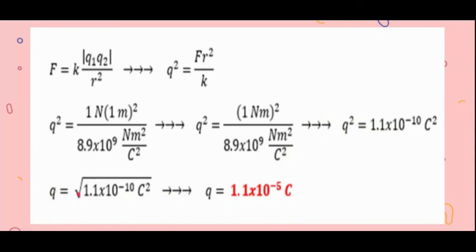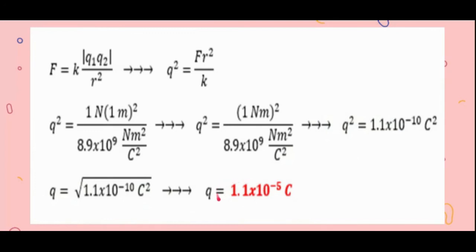Right? That will give us Q, and the square root of 1.1 times 10 to the negative 10 will give us 1.1 times 10 to the negative 5. And the square root of C squared is C. So the value of our individual charge is 1.1 times 10 to the negative 5 coulombs.